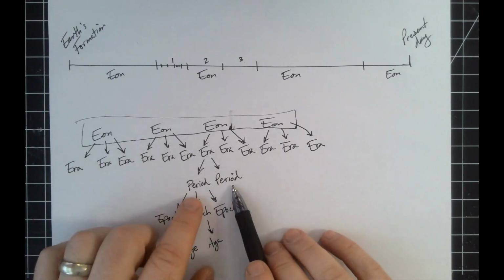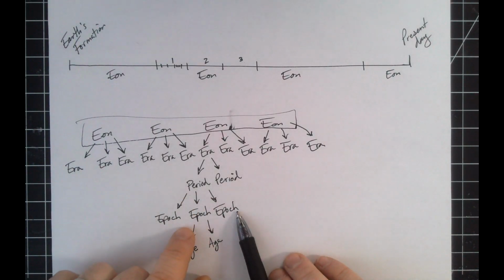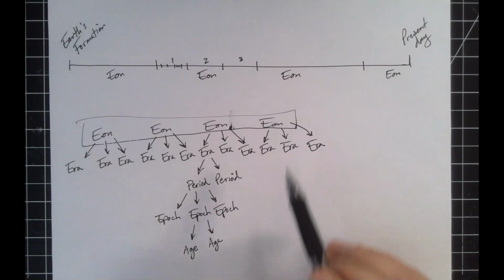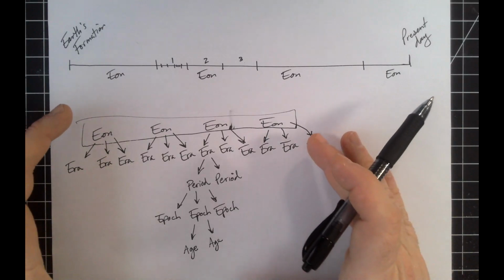Then we get to our periods, which are usually in the tens of millions of years, or millions in some cases. Our epochs are sometimes millions of years or hundreds of thousands of years. And then our ages are even smaller than that, in some cases only thousands of years. So we can get much more detailed depending on what we're focusing on.